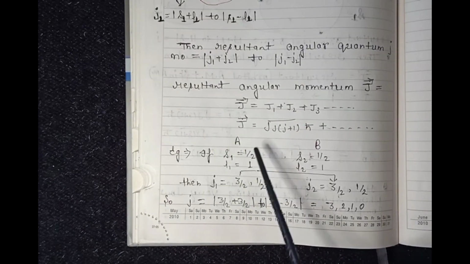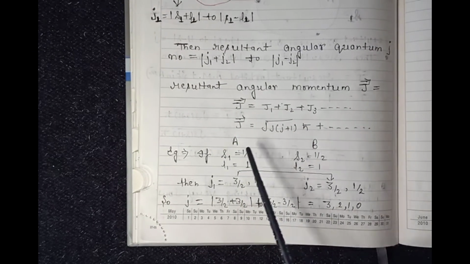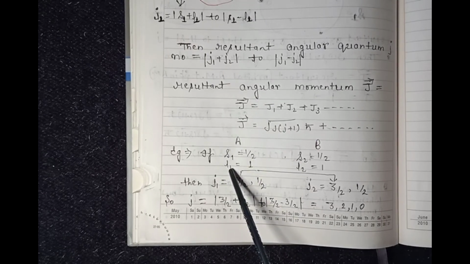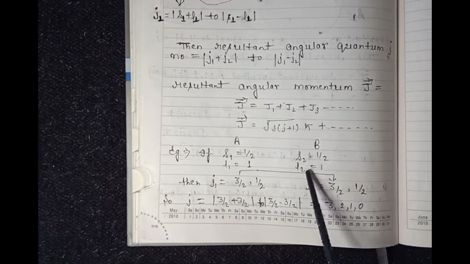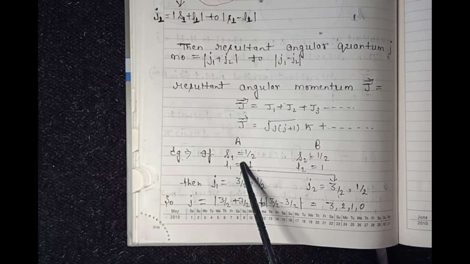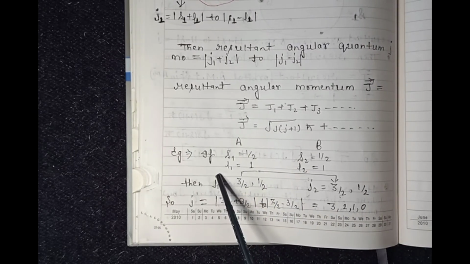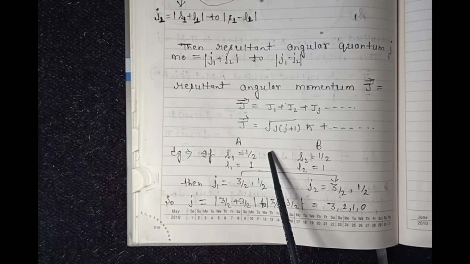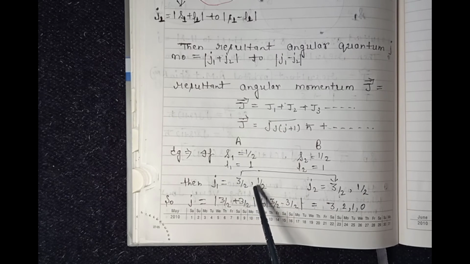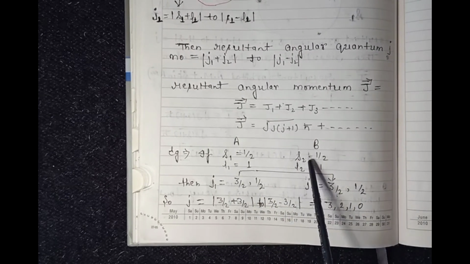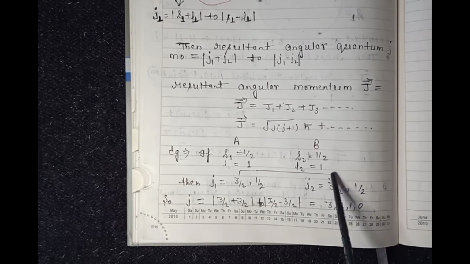Take an example. Let we have two electrons A and B. A has spin quantum number S1 equals 1/2 and azimuthal quantum number 1, and B has 1/2 and 1. When we want to find the resultant of A, J1, it will vary from 1/2 plus 1 to 1/2 minus 1. So it is equal to 3/2 and 1/2. When we want to find the resultant of B, it will vary from 1/2 plus 1 to 1/2 minus 1.